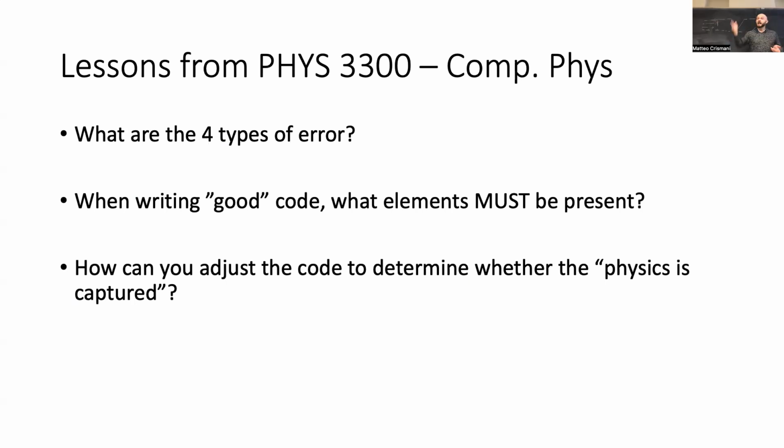So is pi, and yet we cut these things off because we don't have infinite memory on a computer, right? Okay. So what's that last one, approximation error? Because the equations we use are approximate.